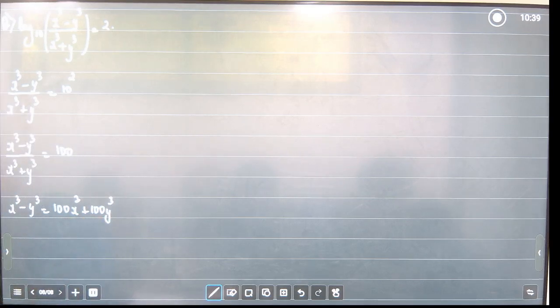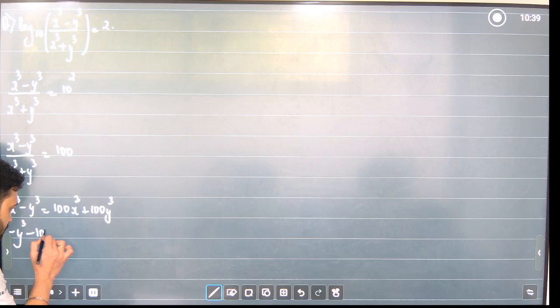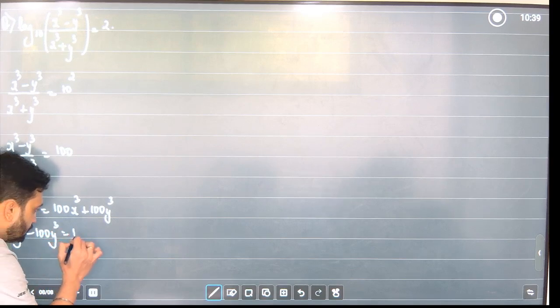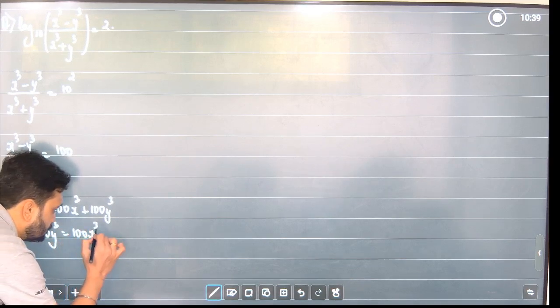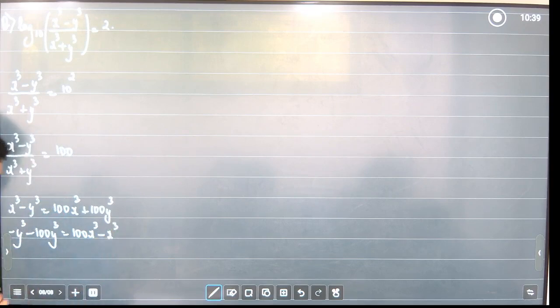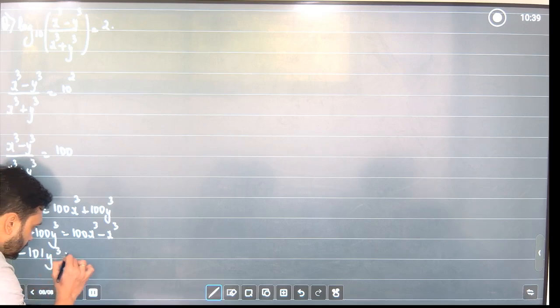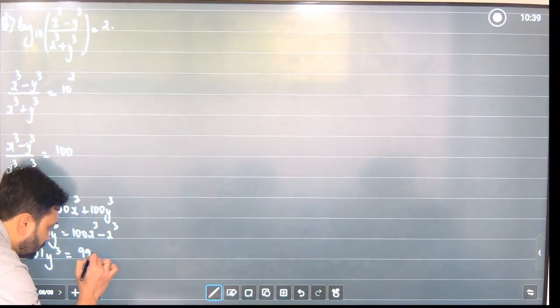Next, I'll take all the y terms on one side, x on the other side. So this will become minus y cube minus 100 y cube is equal to 100 x cube minus x cube. This will become minus 101 y cube is equal to 99 x cube.